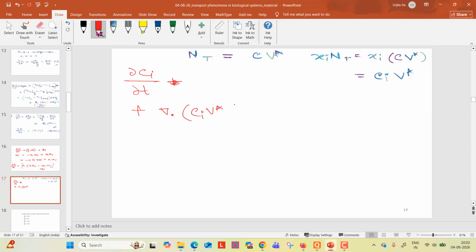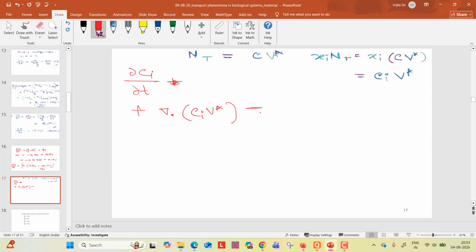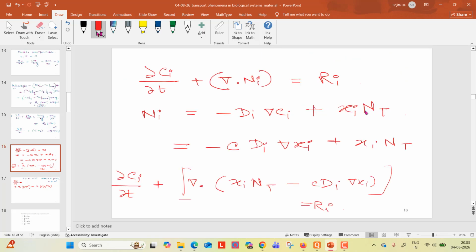That means molar flux, right? Minus divergence of C Di grad Xi. These three left hand side terms are completed, equals Ri, that is the reaction.